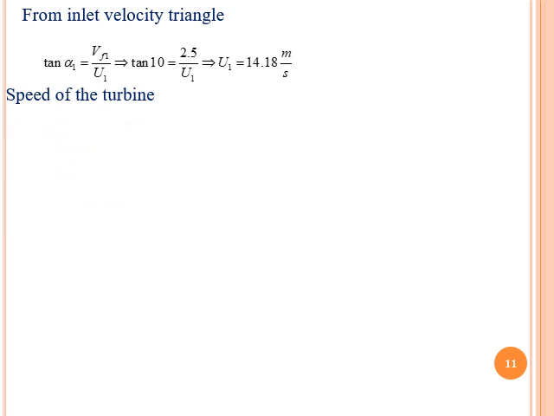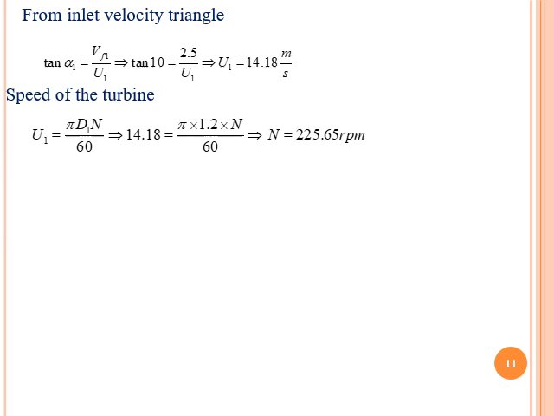The speed of the turbine is calculated. u1 is equal to pi D1 N by 60. The u1 is known, pi is constant, the diameter at inlet is 1.2 meter, the N is unknown. Then speed of the turbine runner is equal to 225.65 rpm.